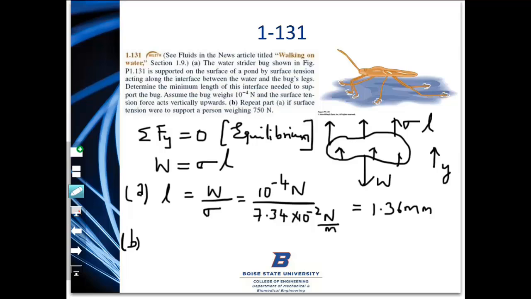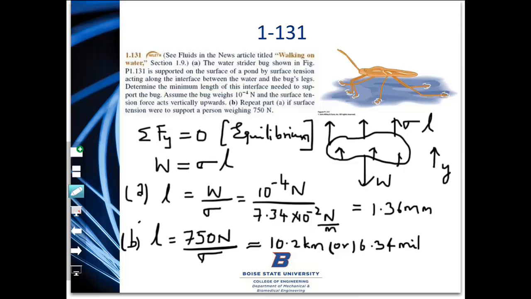Whereas if you do the same thing for a person weighing 750 newtons divided by sigma, you'll see that this is about 10.2 kilometers or 6.34 miles. The reason I'm showing two units is I just want you to check and see if you're able to convert from one to the other. Anyway, you can see that as the weight increases, this length has become really gigantic. So it's not really possible.